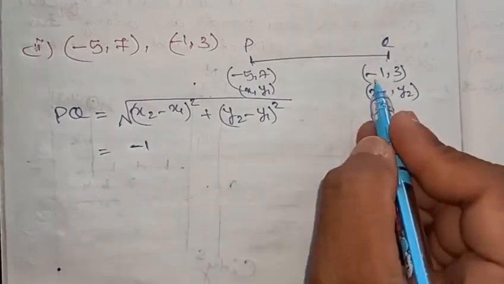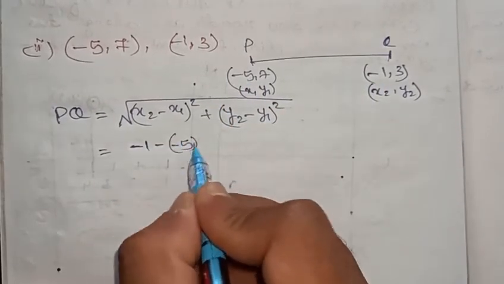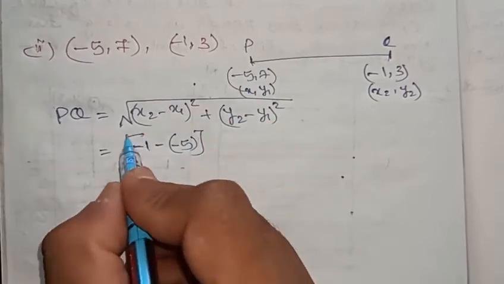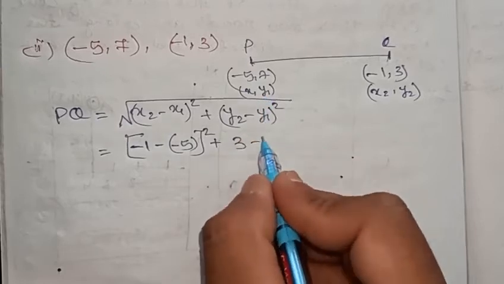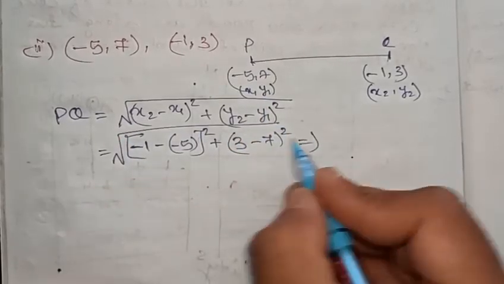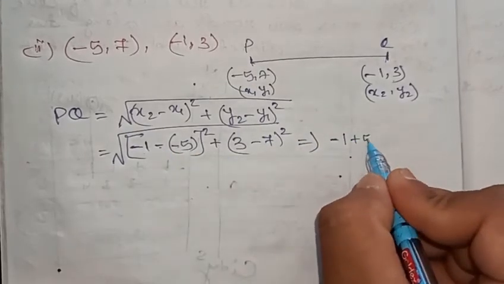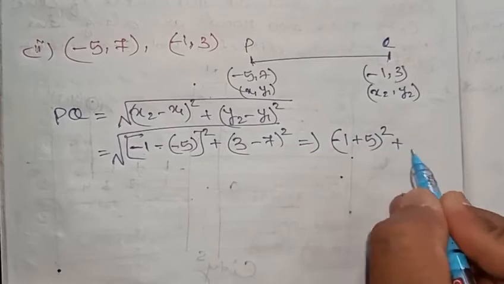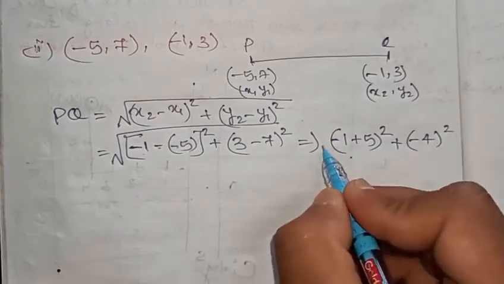x2 minus x1 means second minus first. Second is minus 1 minus minus 5, so use a bracket to write the negative sign. Whole square plus y2 is 3 minus 7 whole square, under the square root. Minus 1 stays as it is, minus minus is plus 5, whole square, plus 3 minus 7 is minus 4 whole square.